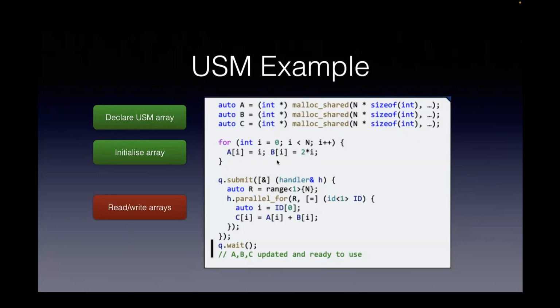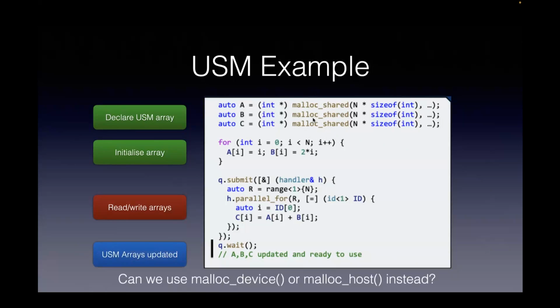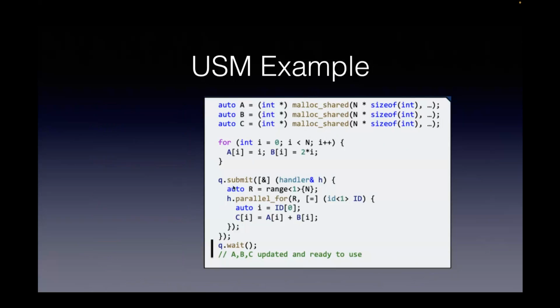So very easy access. Now, inside the parallel_for, I create a kernel, and in the kernel, I can actually do C[i] = A[i] + B[i] because these are declared as malloc_shared, which means that I have access to these USM buffers also inside the device. Okay. And at the end of your q.submit, when you do a q.wait, it waits for all the kernels of this particular queue to be emptied.